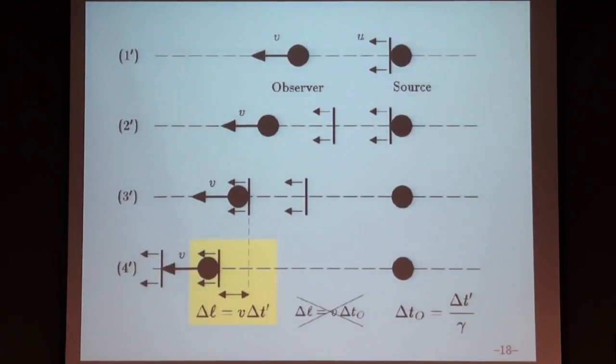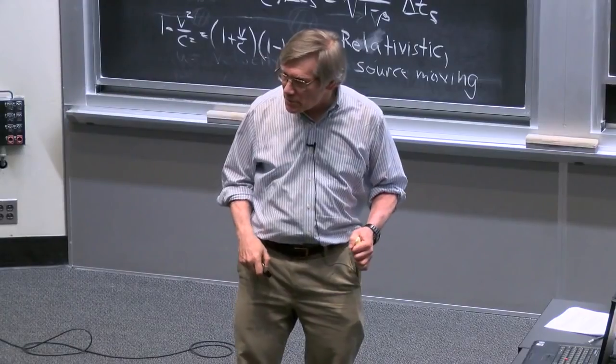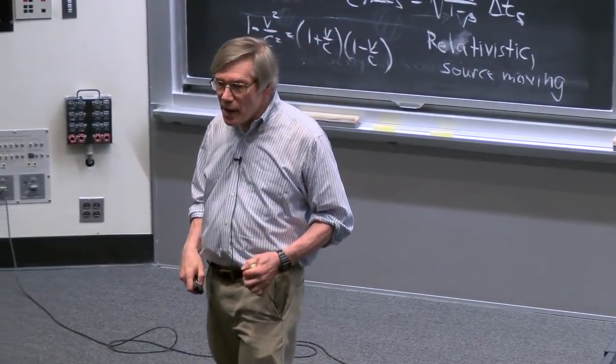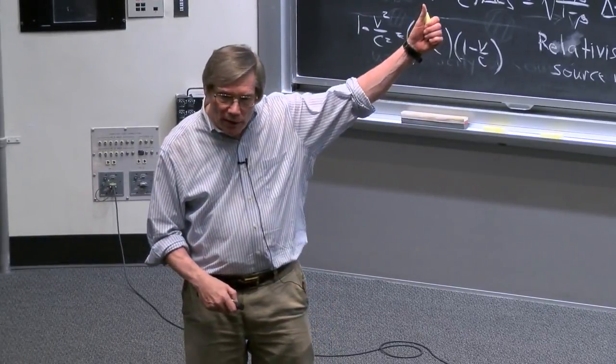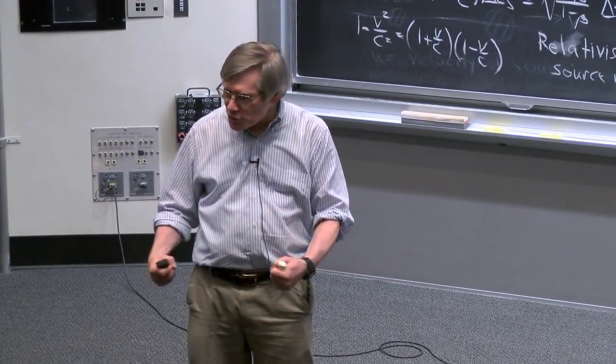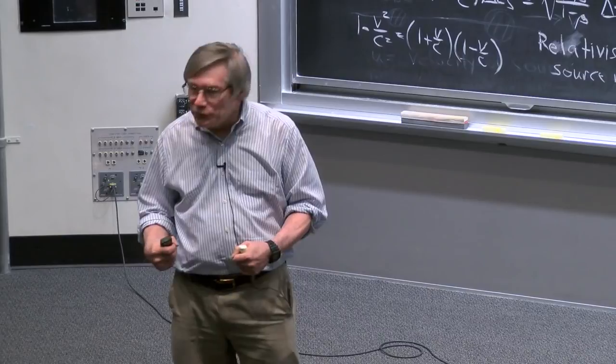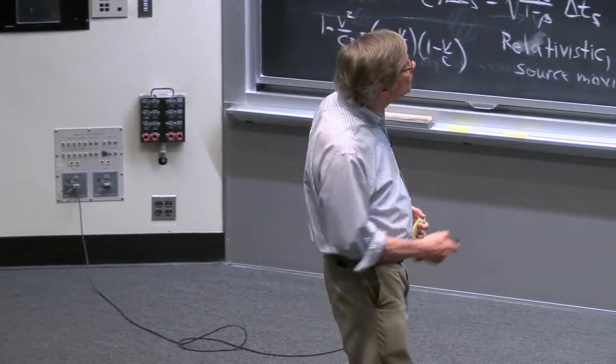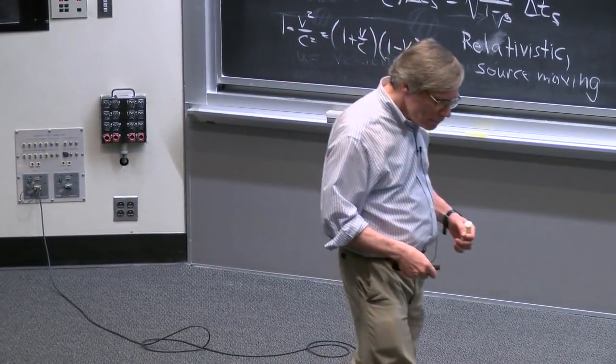And that's what this formula would give if we multiplied by gamma. It would say that delta t prime is equal to gamma times delta t sub 0. So the time that the observer clock ticks off 1 second, we might measure 2 seconds. That's the direction of the time shift. Okay, all given by that formula.